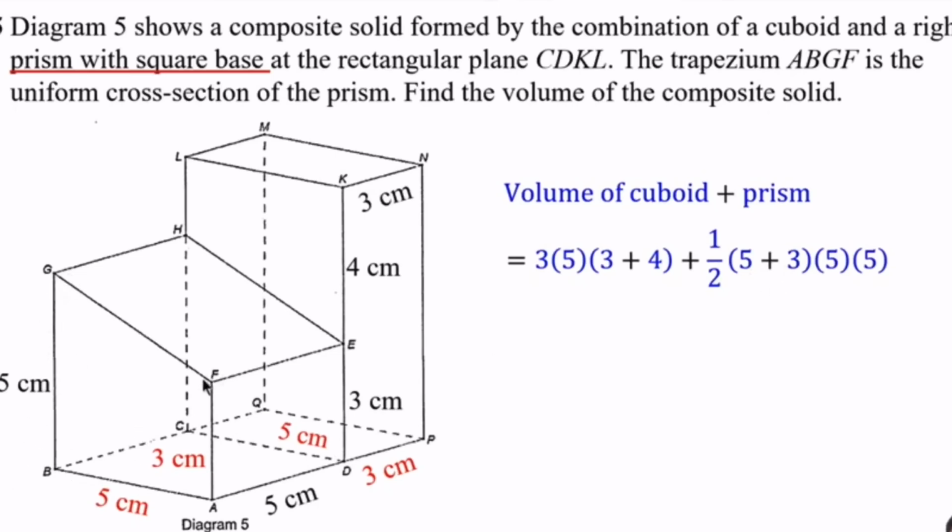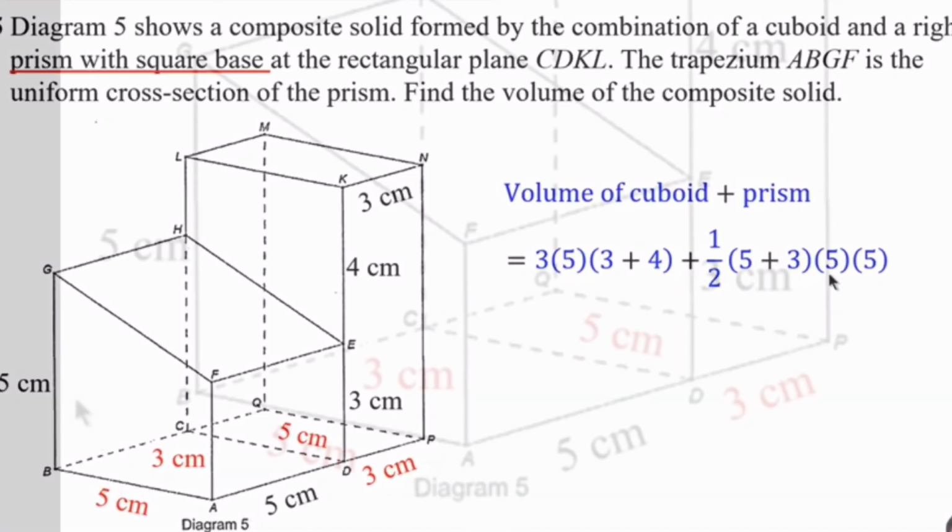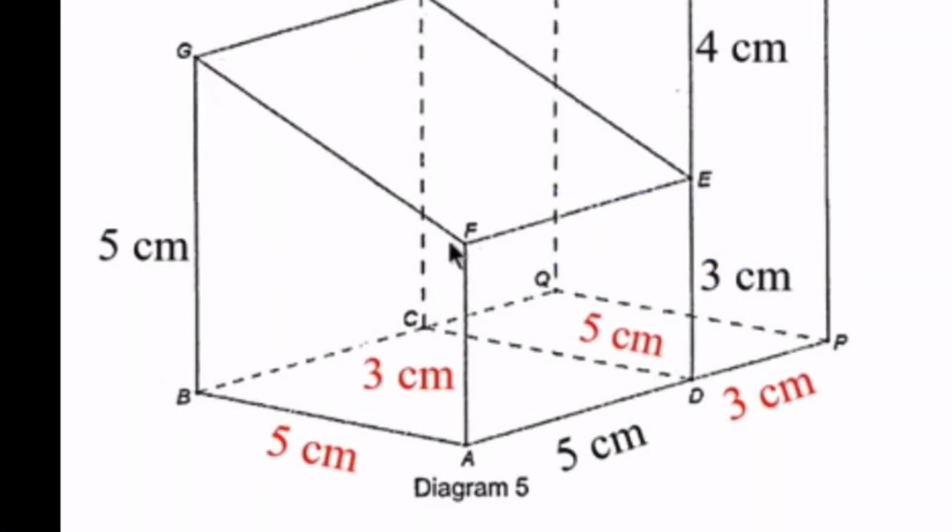So it's 1 over 2, 5 plus 3. 5 plus 3 is the two parallel lines. Then you times with the 5. That is 1 over 2 a plus b times the height. Okay, the height is 5. Okay, half a plus b times the height.